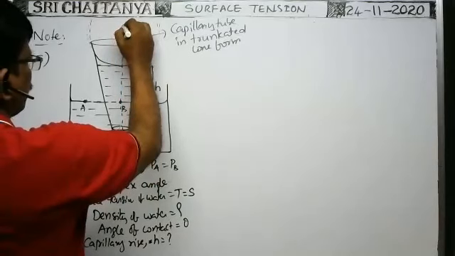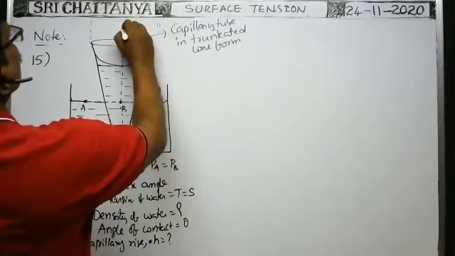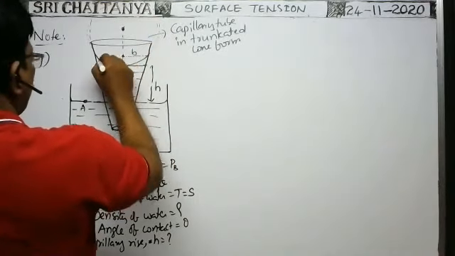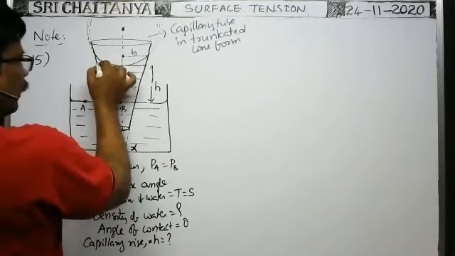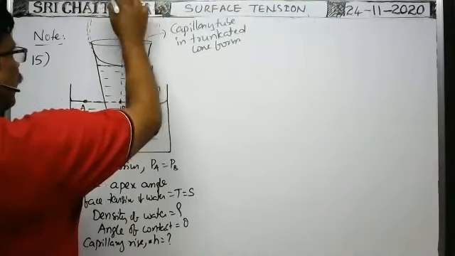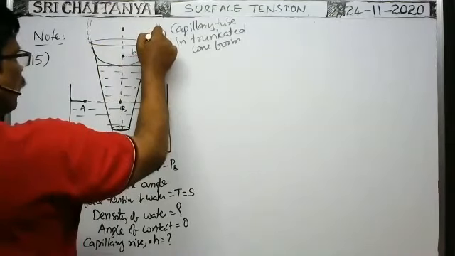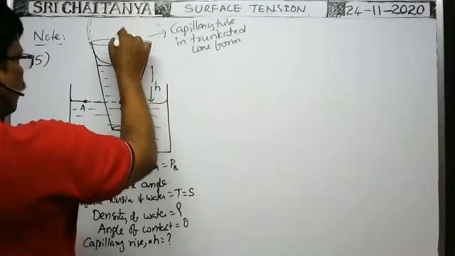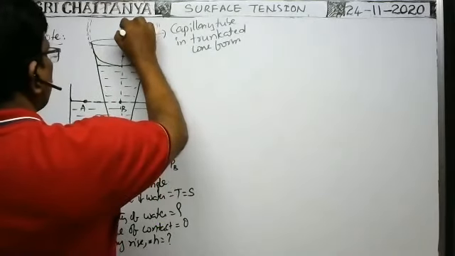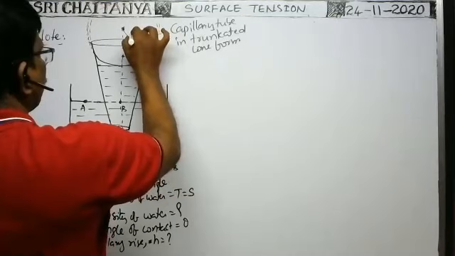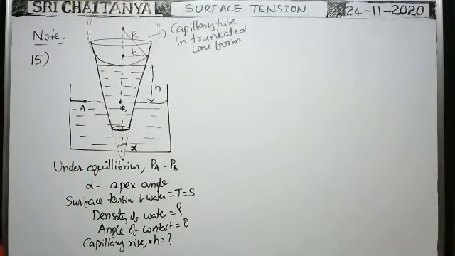This is the center of the sphere, and if you extend this surface in this direction, then it appears like a sphere. That's why this meniscus is a part of the sphere of radius, capital R. That is given.